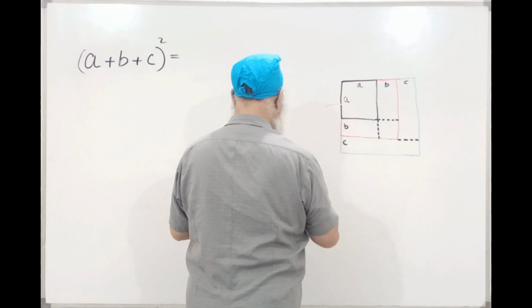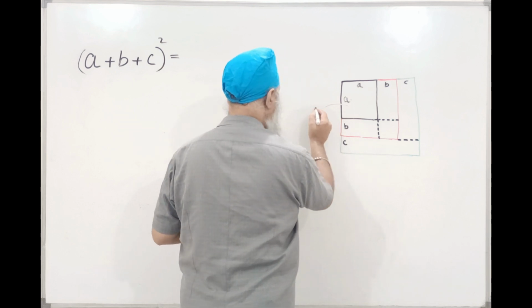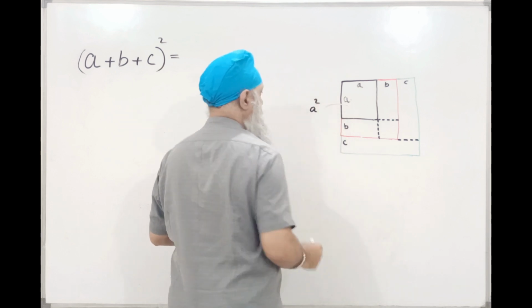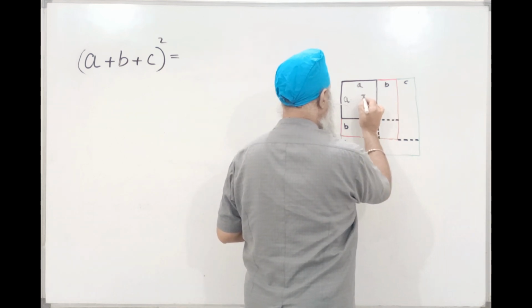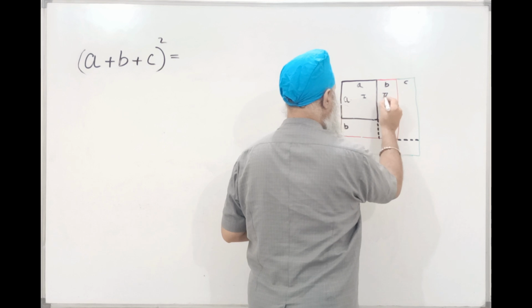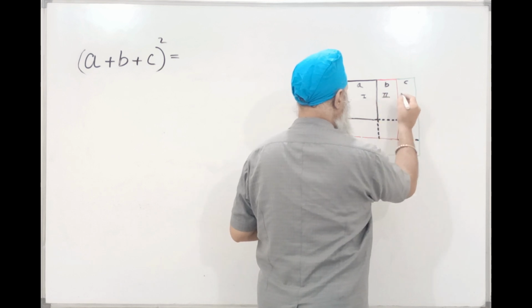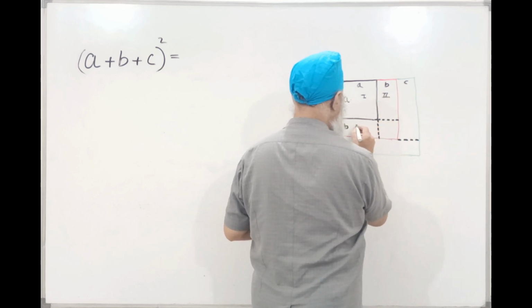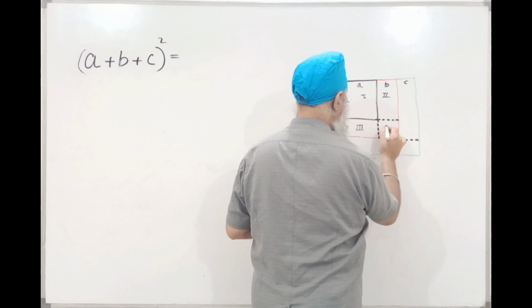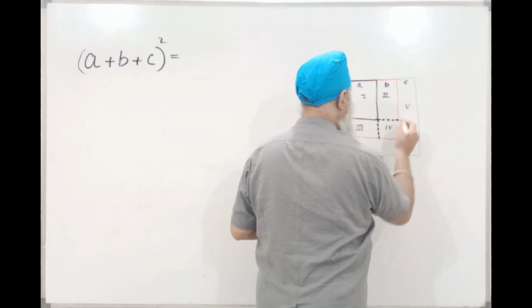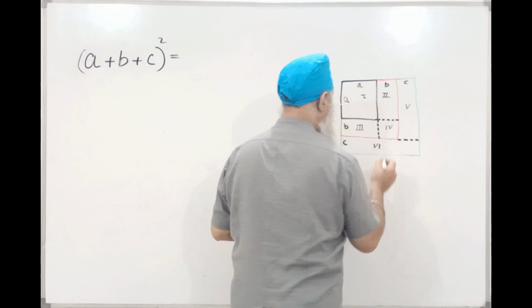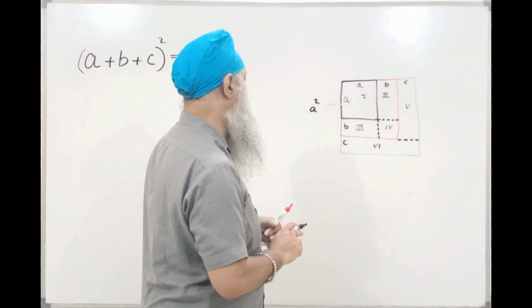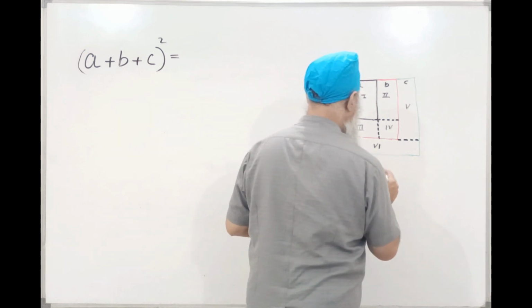This is A square. The region, you can say this is the first one, this is the second one, this is the third one, this is the fourth one, this fifth, and this you can consider as sixth. So these are the areas there.